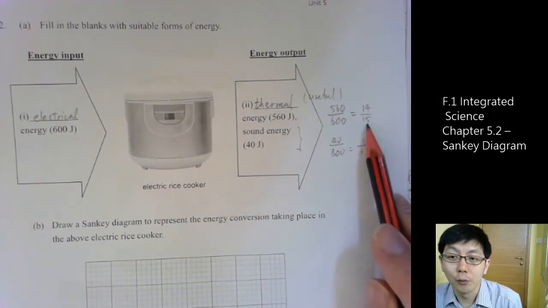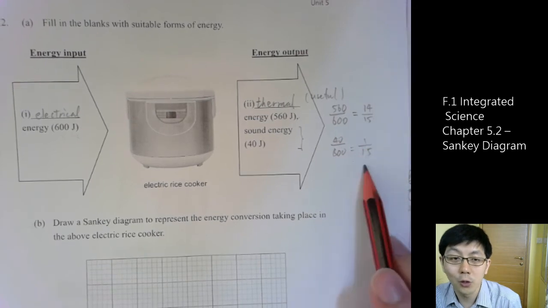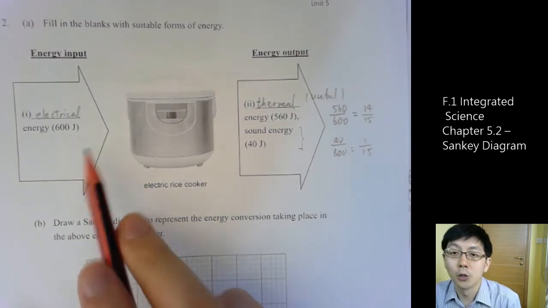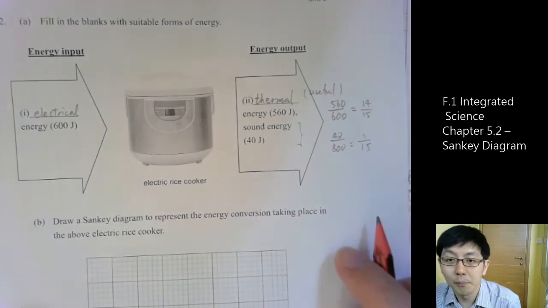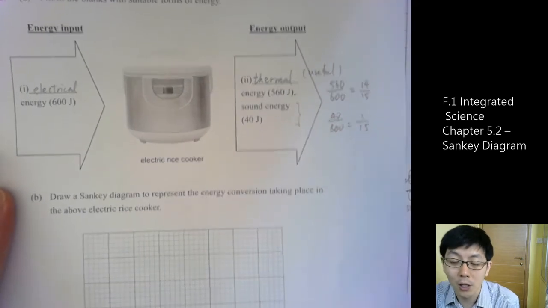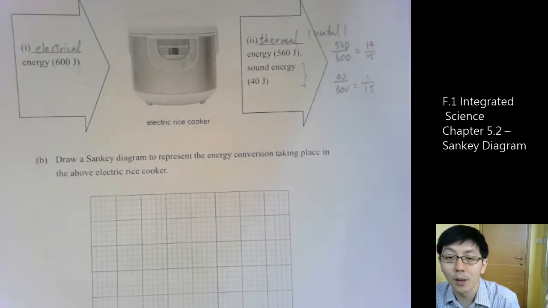So I repeat. After the calculation, you find the proportion out of the input energy. To make the Sankey diagram look better, it's better for us to have the output energy widths as integers.